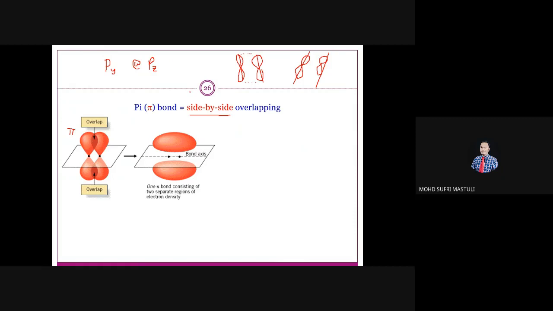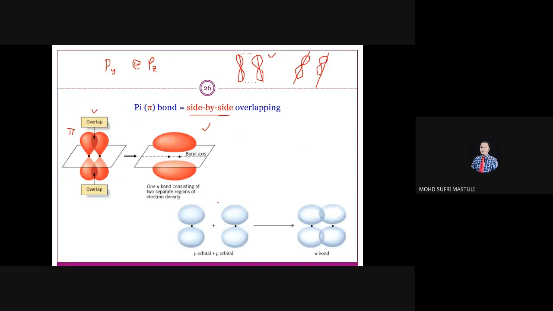Either you want to draw like this, or like that, or like this. It depends on which one you think is the easier way to draw the pi bonding to show the overlapping of side by side. So okay, this is another presentation.